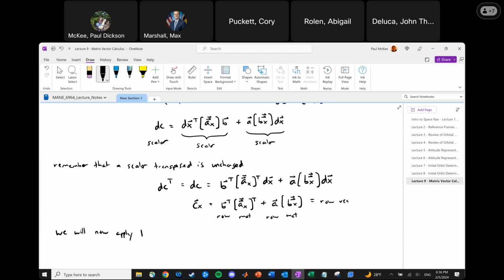So now apply these ideas to common vector operations.